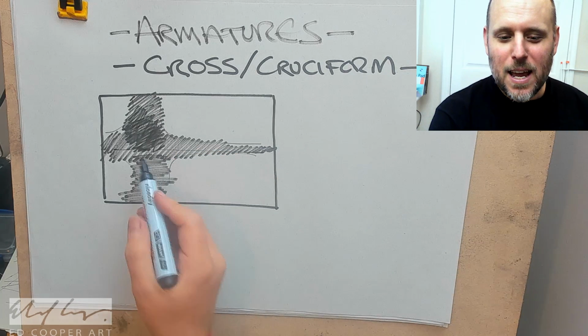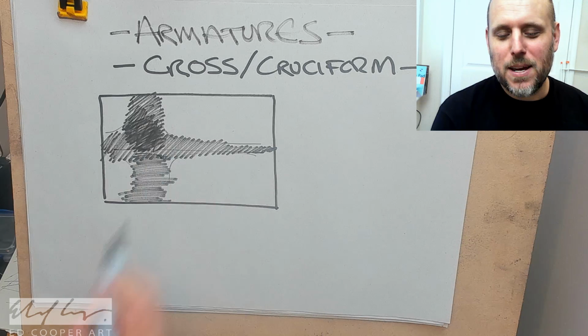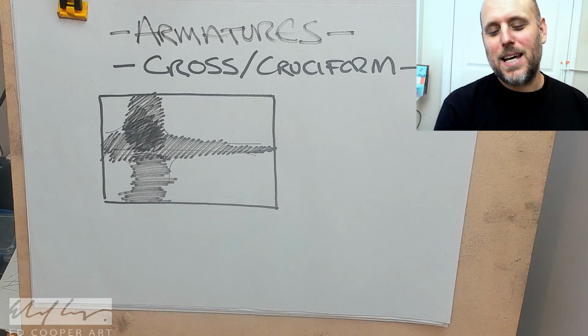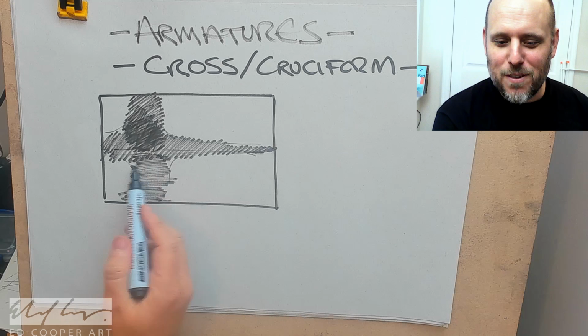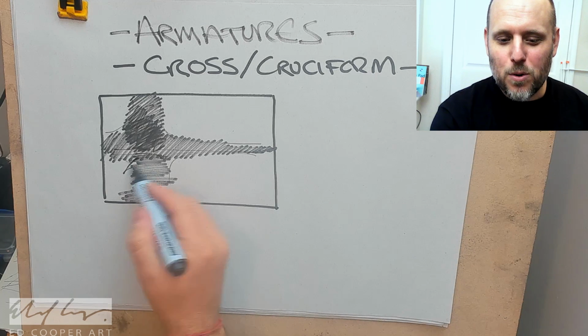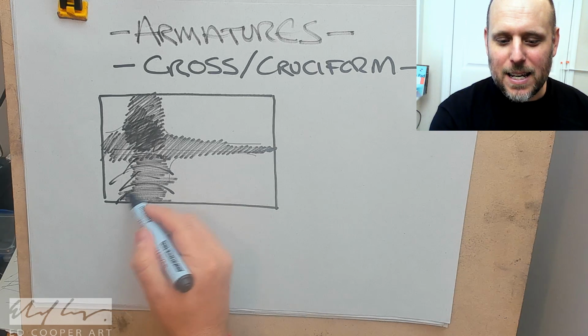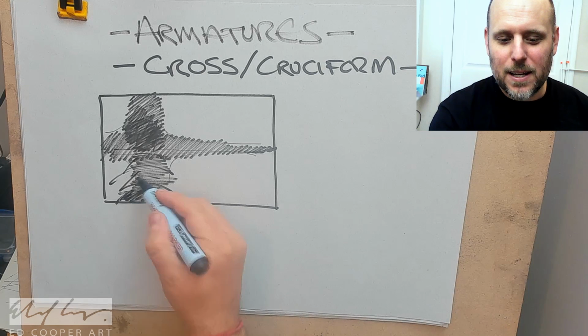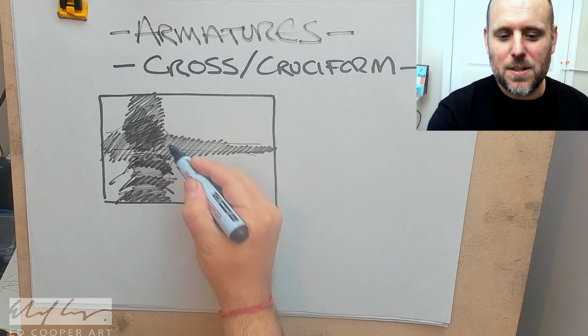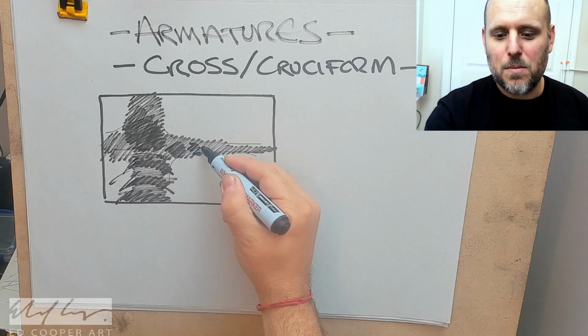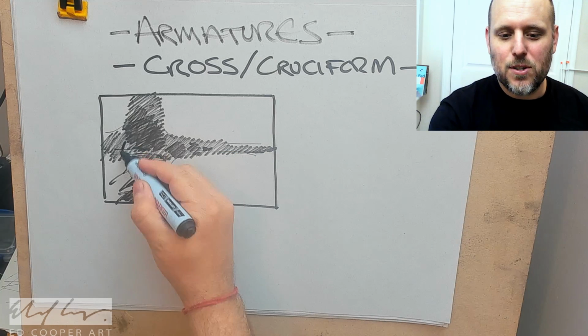And then this, to me, initially looks a bit like a cast shadow, or maybe reflections in water, but it might also be a hedgerow, and so we get some shapes like that. And then this could be distance or a tree line.